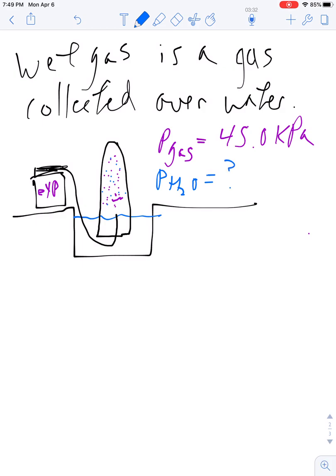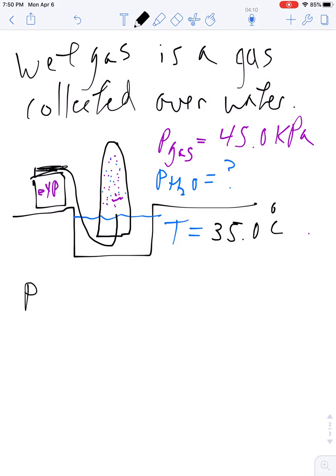So how do we find the water vapor pressure? Well, we need to know the temperature, because like I said before, hot water will evaporate more than cold water. So we need to know the actual temperature of the water. And so in my problem, we must be told the temperature of the water. So in this problem, I'm going to say that the temperature of the water is, let's say, 35 degrees Celsius, okay?